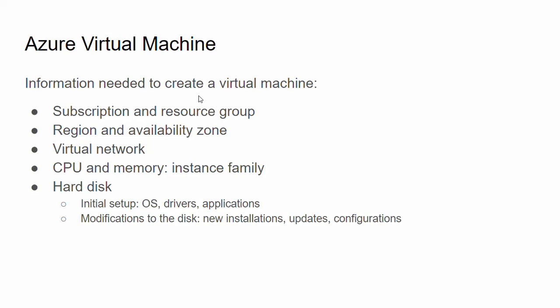Then we discuss region and availability zone, which is which data center you want the virtual machine to be in, and the virtual network, CPU and memory quota, and the hard disk, right? So the first one, subscription and resource group, is about organizing and billing. Region and availability zone is about where you place the virtual machine. Networking is about the networking connections, and the CPU, memory, and hard disk, of course, are resource quotas. So let's start with our virtual machine demo.